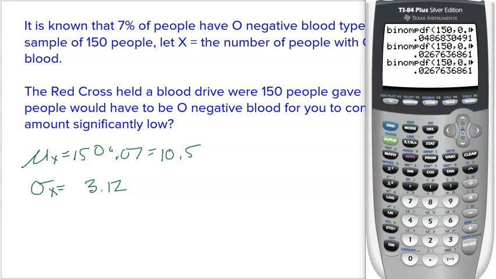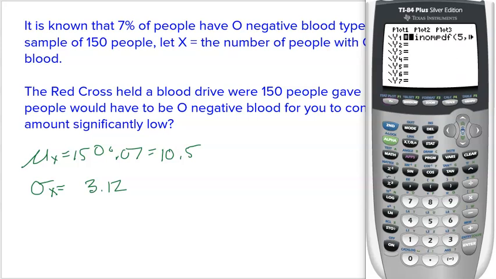But come on, I want to speed this process up. So remember what I taught you to do earlier. Go to y equals. Clear out what we had earlier. Second vars, put Binomial PDF in your y equals. 150 people, probability of success 0.07. And remember, for the x value, delete that and make it an x.